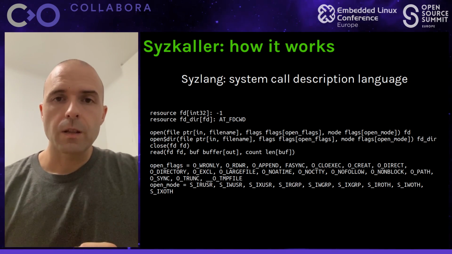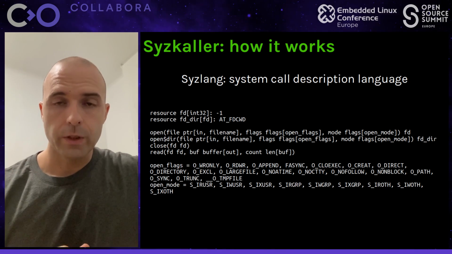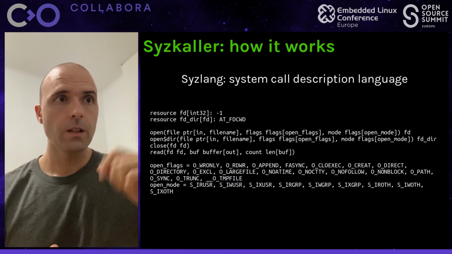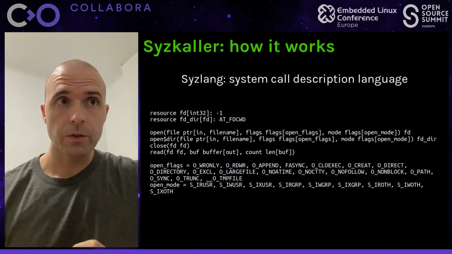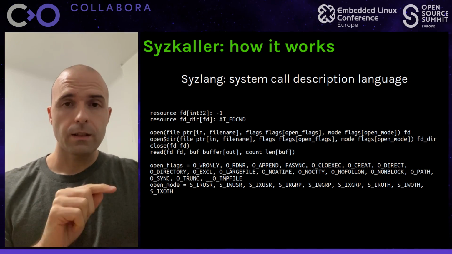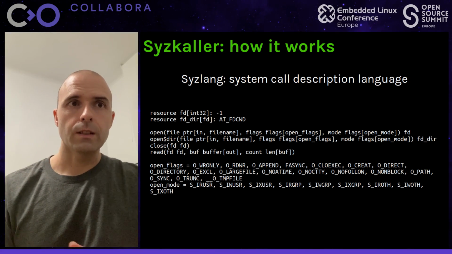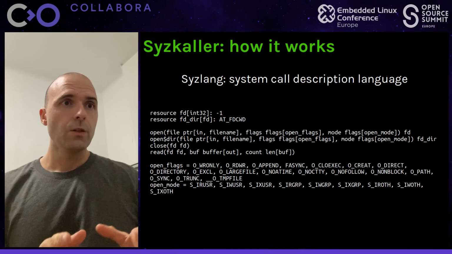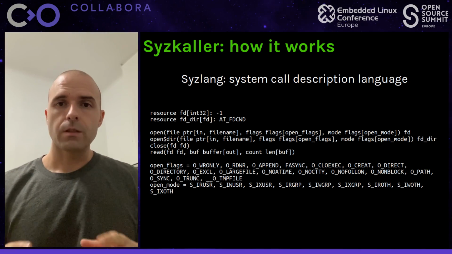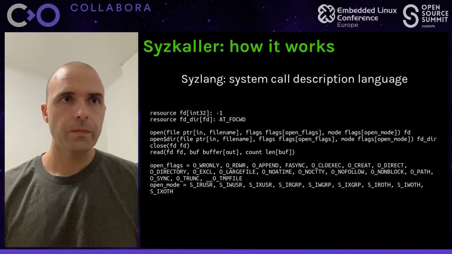So here's an example of definitions in Syzlang of open, close, and read. You can see that the file parameter doesn't take a string as an input. Instead, it takes a filename data type, which is defined as a string with pathlike formatting, a string that looks like a correct file path.